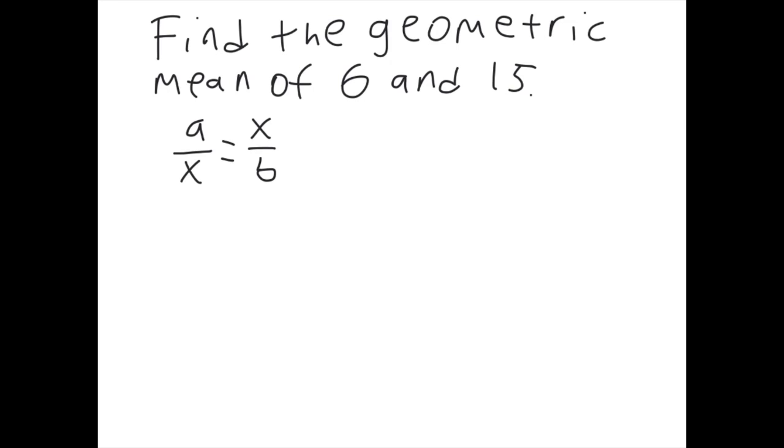A and B are what are known as extremes. These are the numbers you're trying to find the geometric mean of. So in this case, 6 and 15 are your extremes, and then x is your geometric mean.